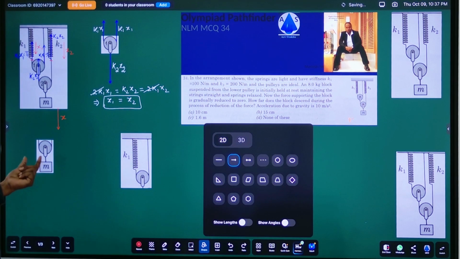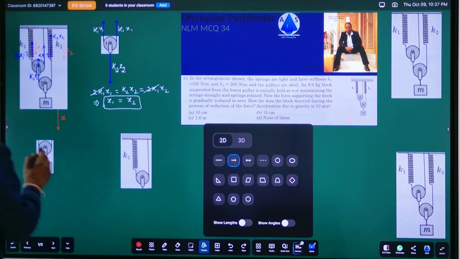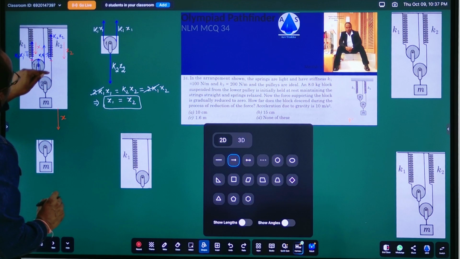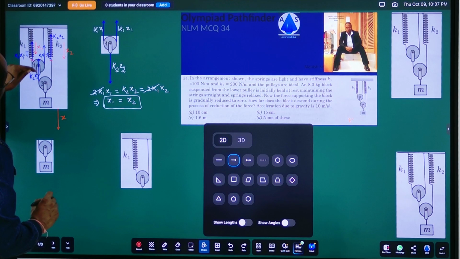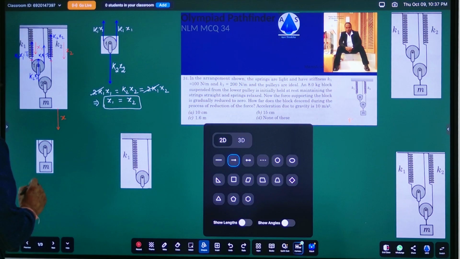This is pulley number 2, the free body diagram of pulley number 2. On pulley number 2 the thread is wrapping around. So here it is K2X2, here it will be K2X2, right?